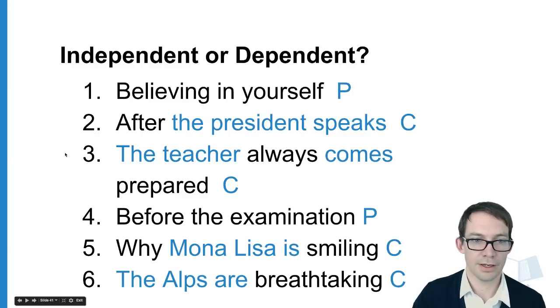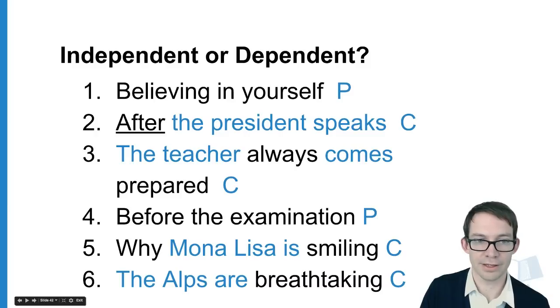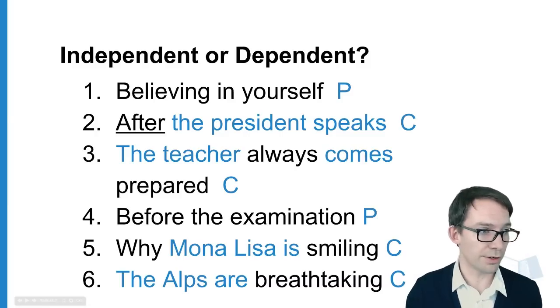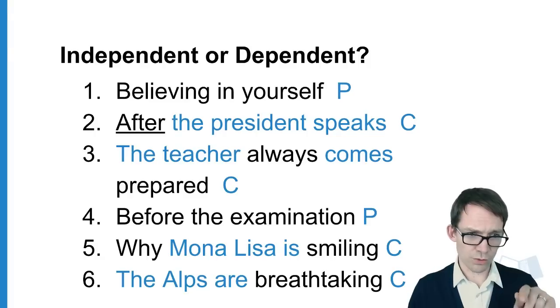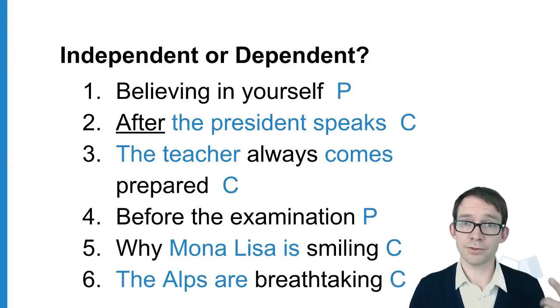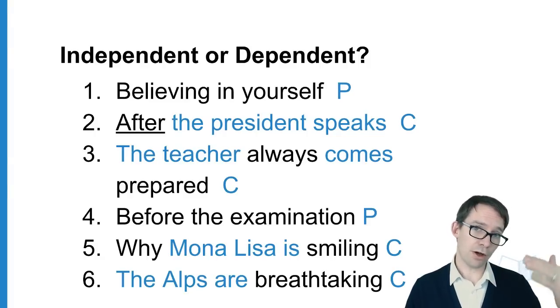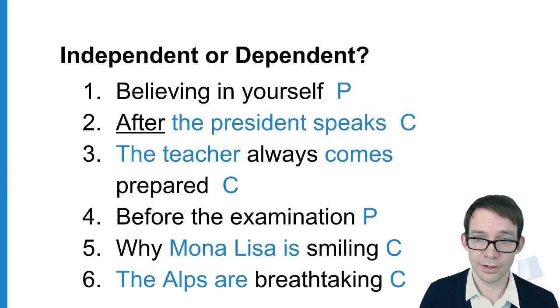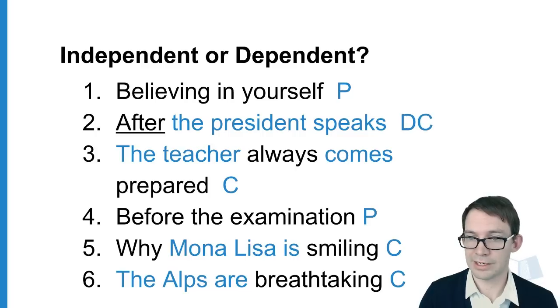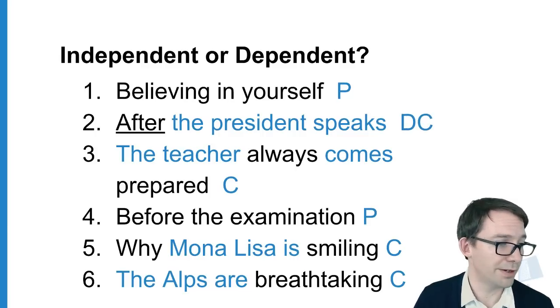And I agree. I think that's absolutely right because of that word after, right? That subordinating conjunction. When you're using words like after, because, when, until, and there's a long list of them, that creates a dependent clause. So number 2, I'm going to change that to DC, for dependent clause.